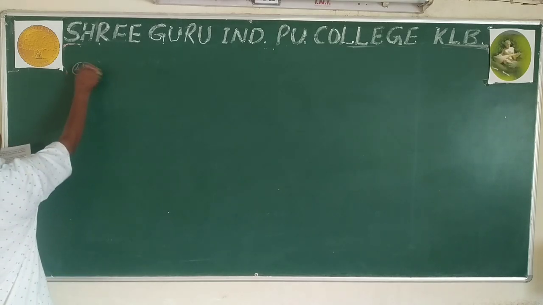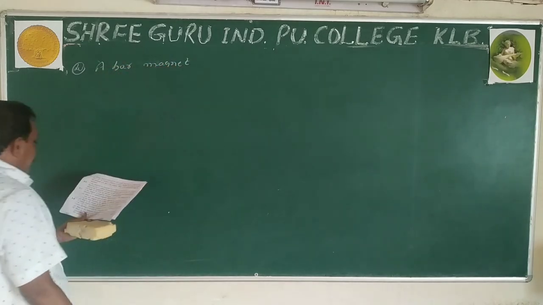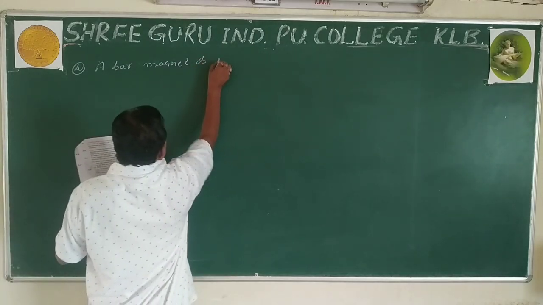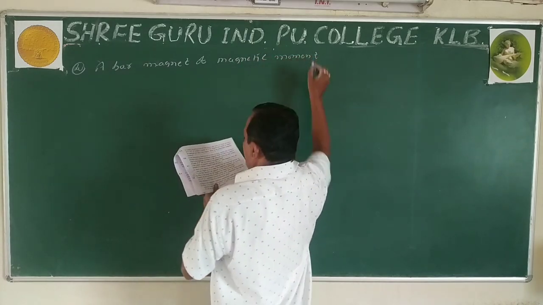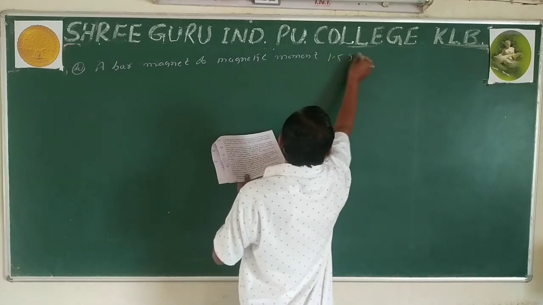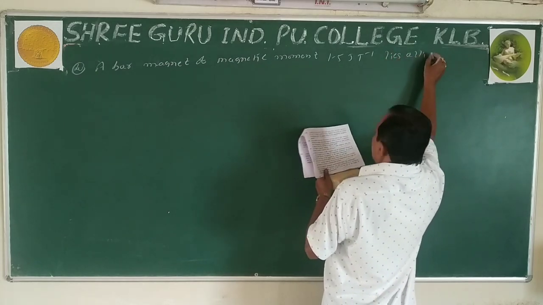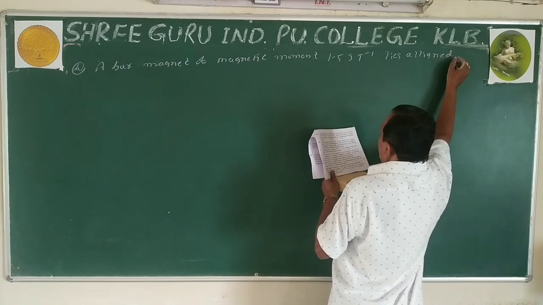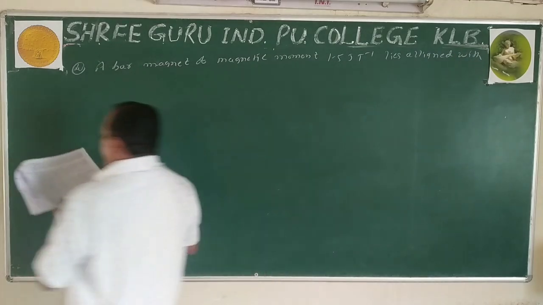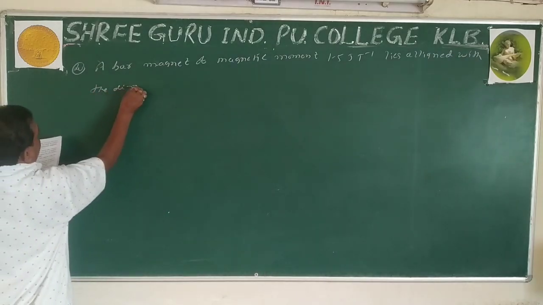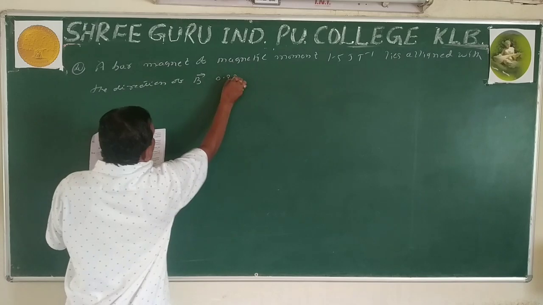4th one. A bar magnet of magnetic moment 1.5 joule per Tesla lies aligned with the direction of a uniform magnetic field of 0.22 Tesla.